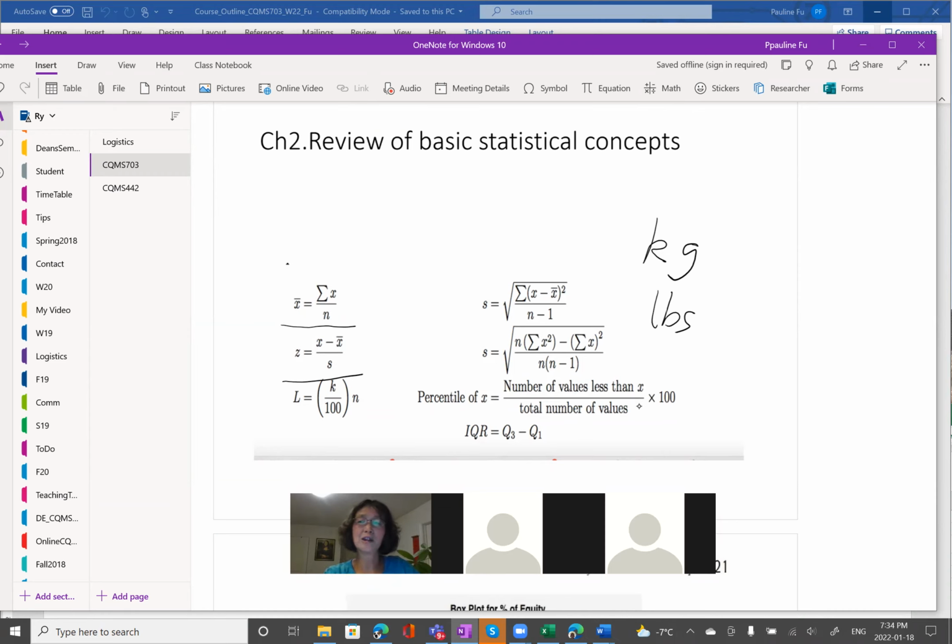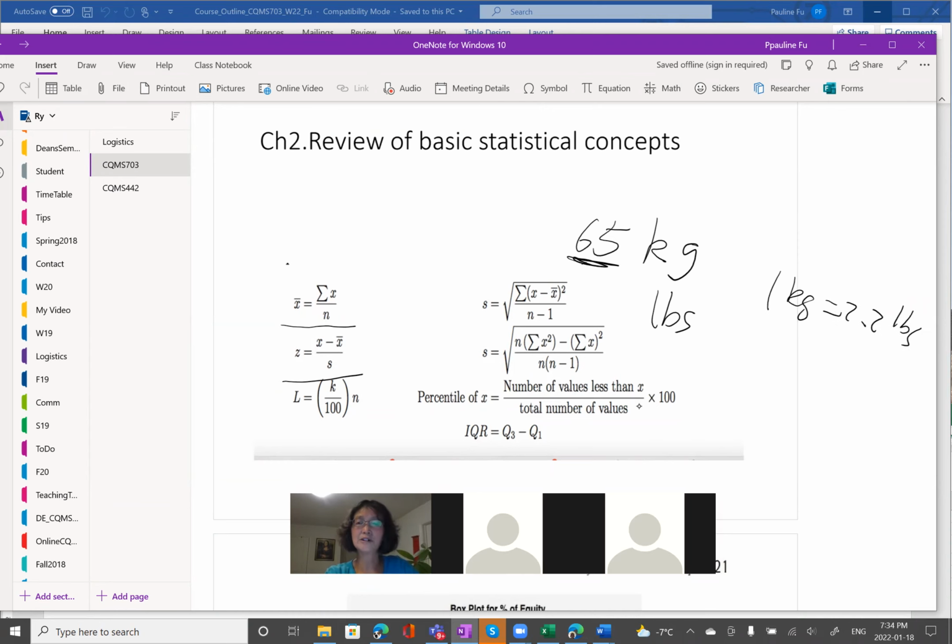Let's say your weight is 65 kilograms. So if you use kilograms, it is 65. But if you use pounds, you can Google, 1 kg is equal to maybe 2.2 pounds.